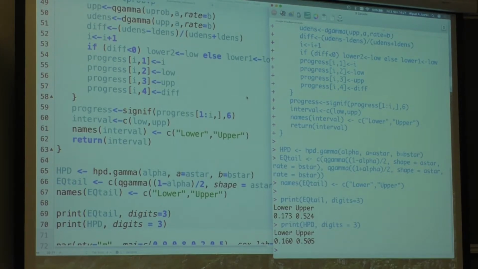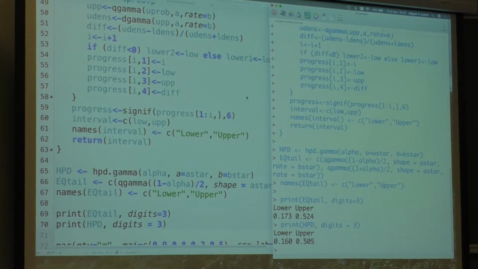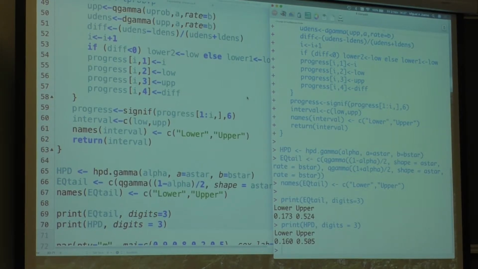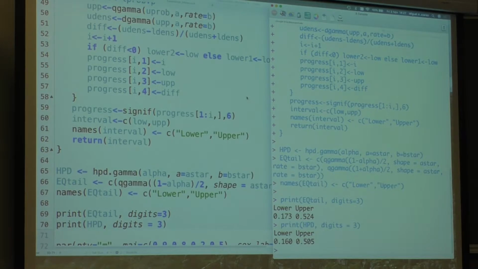Probably doesn't say a lot. Probably one thing that is more or less clear from there is that the HPD is a bit shorter, and that's what we want. We want intervals that have the same probability content. Both of these intervals have probability 95. But the HPD is a bit shorter because it has, again, points that have higher mass.